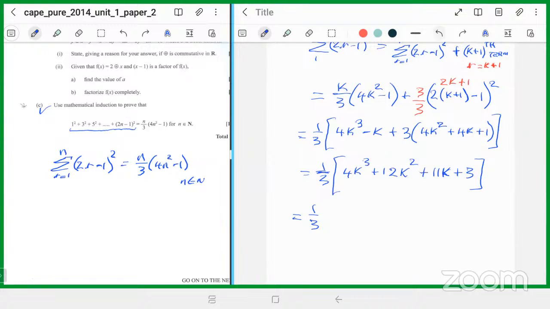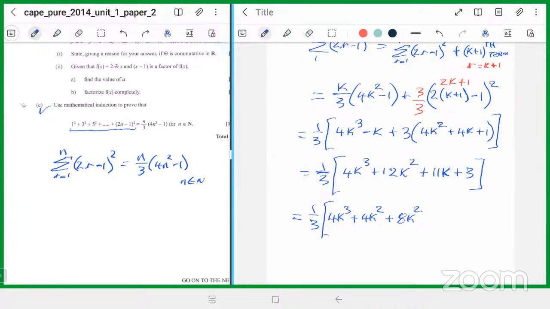Watch it now. So I'm gonna get 4k cubed plus 4k squared. So this now has 4k squared plus 8k squared. I'm gonna have this 4k squared right here, because I have this 8k squared left to put back here. So I'm gonna have 8k squared.